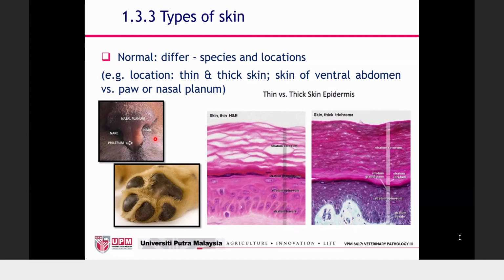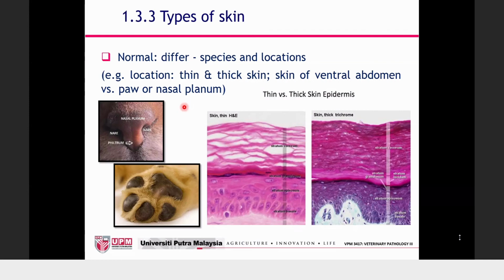Okay. So again, the type of skin might vary on the location of the body. But generally speaking, thick skin is normally found on the nasal planum and also the foot pad.